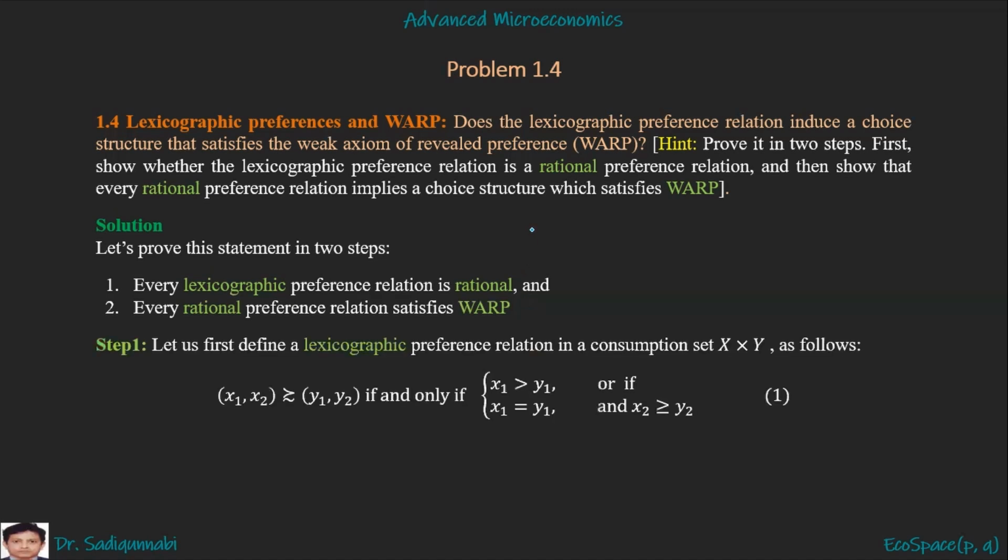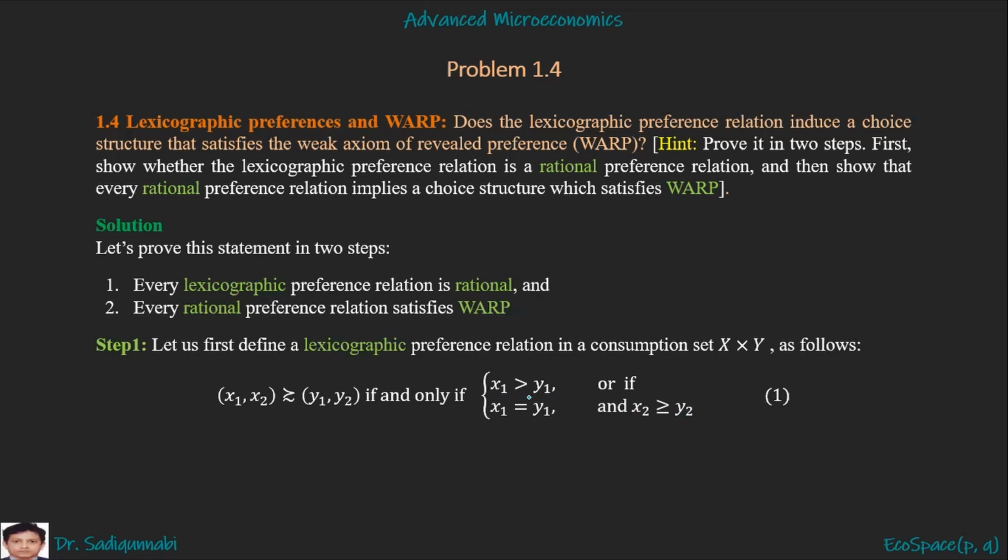So in step one, we define the lexicographic preference relation. X is weakly preferred to Y if and only if the first component of X is greater than the first component of Y, or if the first component is equal to the first component of Y, then the second component X2 is greater than or equal to the second component of Y2.